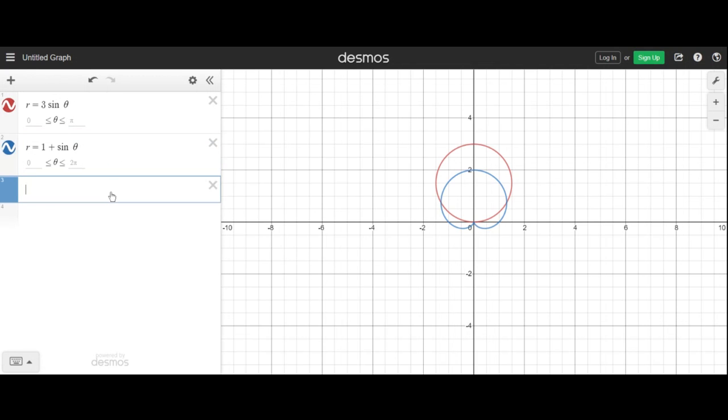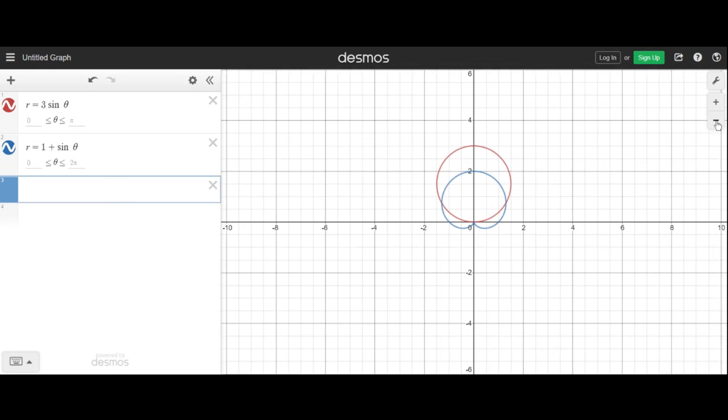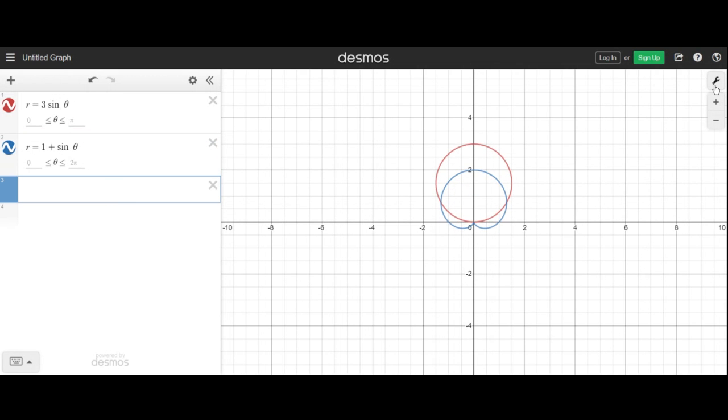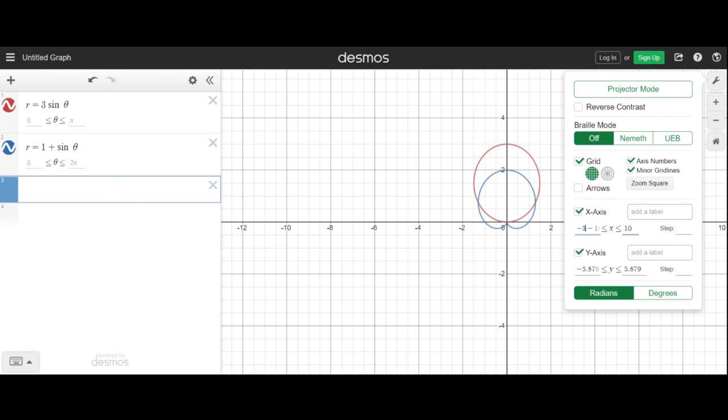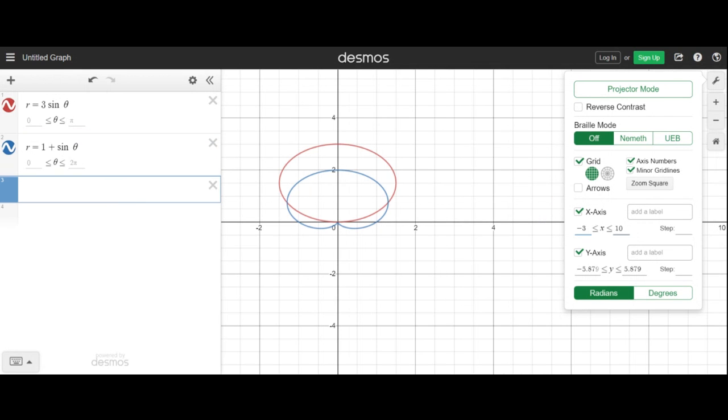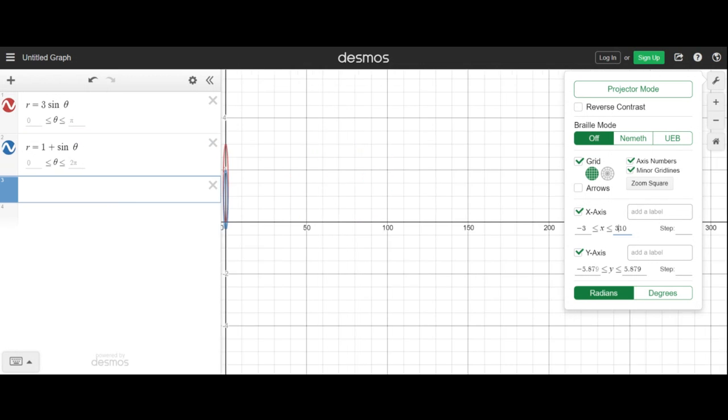Okay, and I can see there's a lot of space, so I want to change the window a little bit. On the x-axis, let me go from -3 to +3.